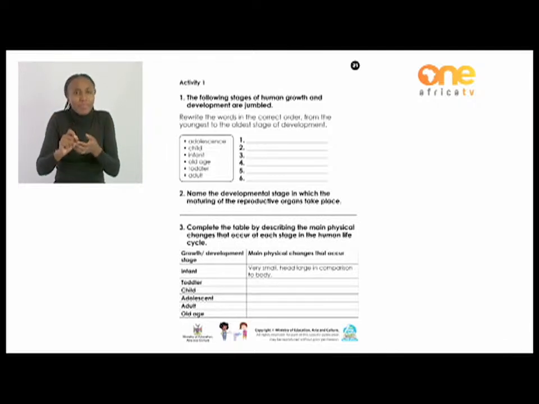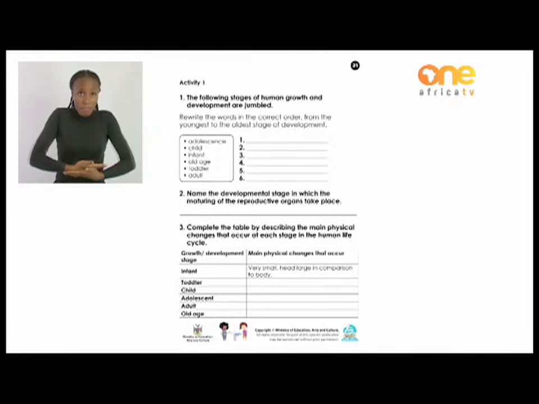Question 3. Complete the table by describing the main physical changes that can occur at each stage in the human life cycle. So what are we expecting you to do? We want you to complete the characteristics that happen to everybody in his or her stage of development.